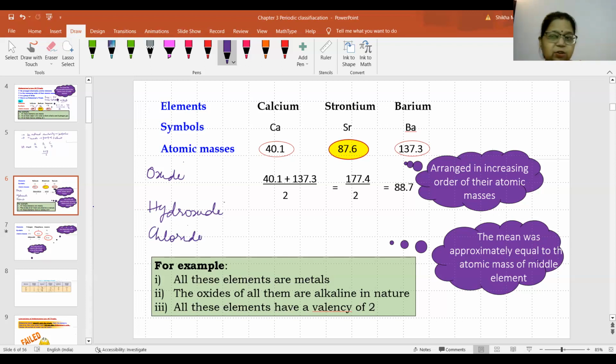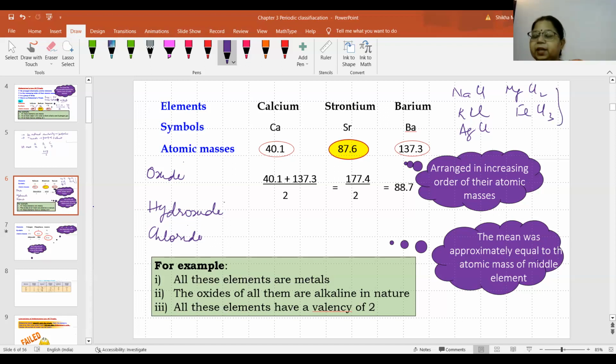In class 10th, you must have read about the families of salts. Was it there in the syllabus or not, Ritika? Yes, ma'am. Okay. So in the families of salts, what we came to know was that they have either a similar cation or a similar anion. On the same lines, sodium chloride, potassium chloride, silver chloride, magnesium chloride, and including say iron chloride, they are the family of chlorides.